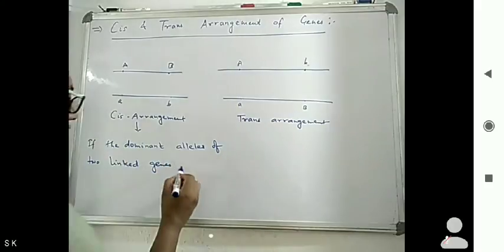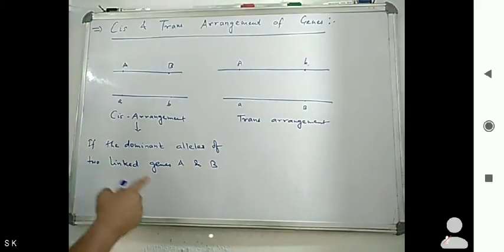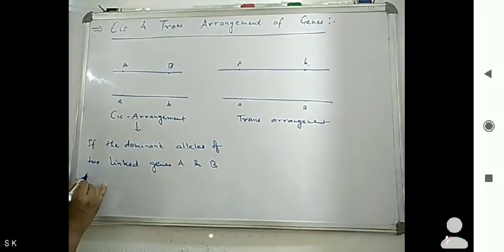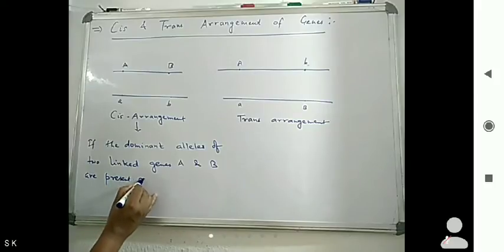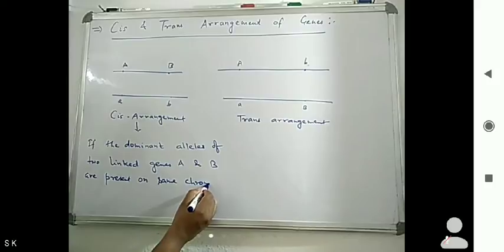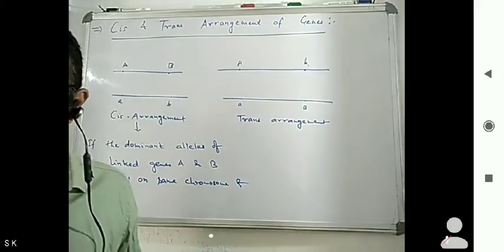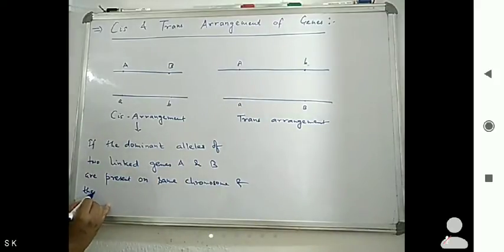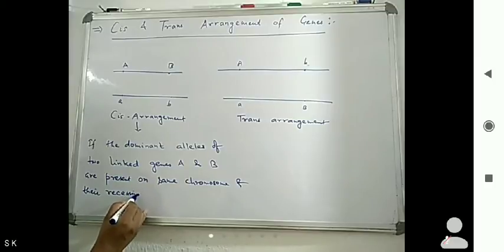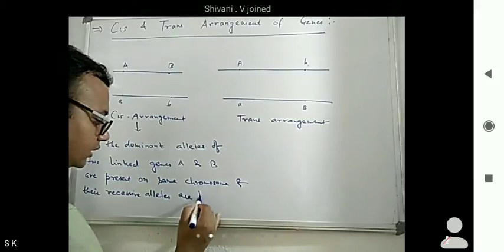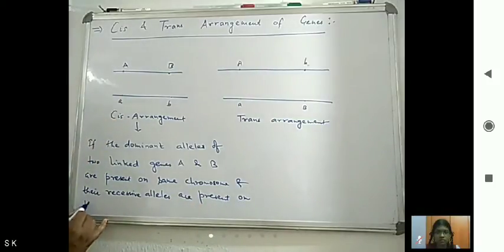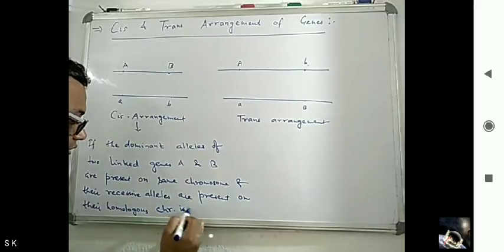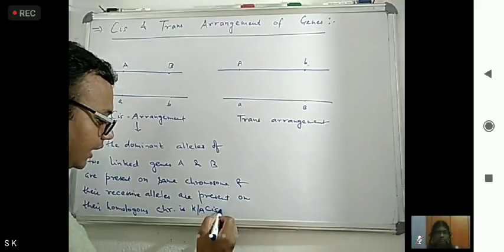So linked genes A and B. If the dominant alleles of two linked genes A and B are present on the same chromosome, and their recessive alleles are present on their homologous chromosome, that is known as cis arrangement.